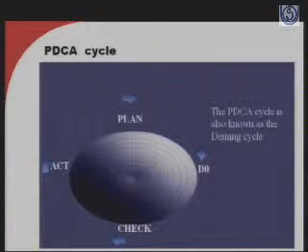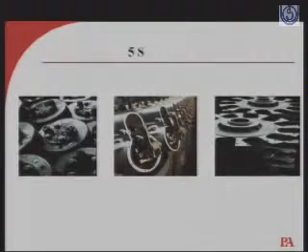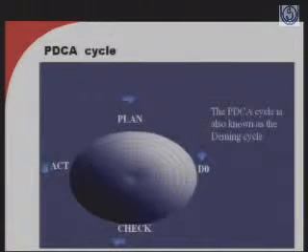At the same point of time, that is the range. Sometimes we also talk about the mean, the average time, and what is the maximum time and what is the minimum time. Sometimes we also do the PDCA analysis, plan, do, check, act, which is also called the Deming cycle.